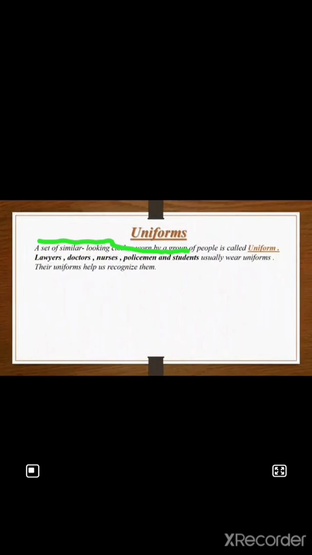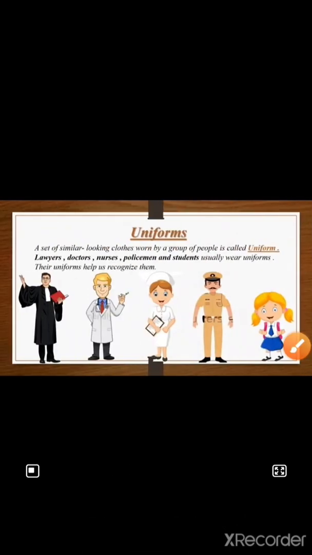We have many examples: lawyer, doctor, nurses, policemen, and students. It tells about the identification of the person. So we can say that a set of similar looking clothes worn by a group of people is called a uniform.